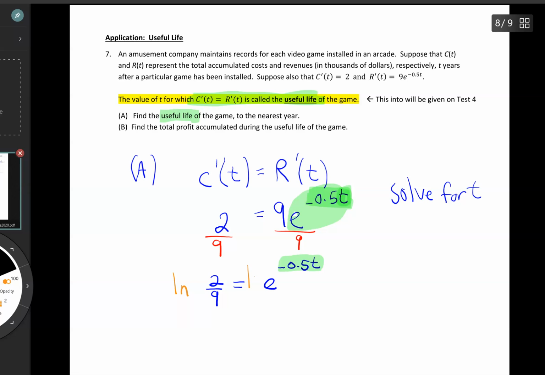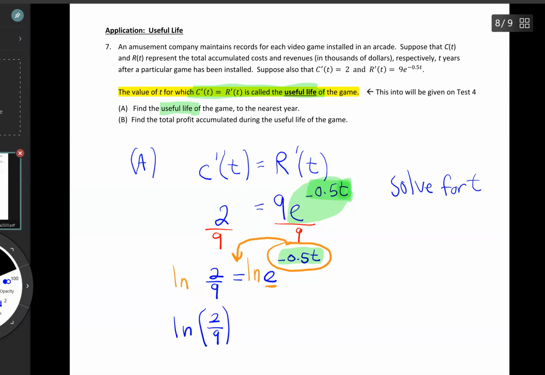And I'm going to choose natural log because I have a base e here. When I do that, we have a rule in algebra that says you can drop that exponent down to the front. So I would have natural log of 2/9. And I'm going to put that fraction in parentheses just to make sure my calculator knows that 2/9 is my argument. And then I can drop that exponent down to the front and I would have natural log of e.